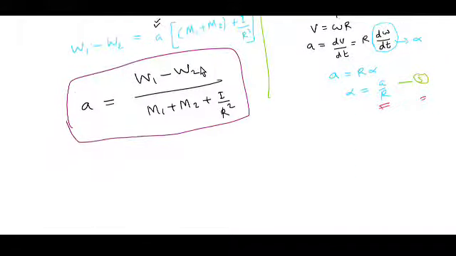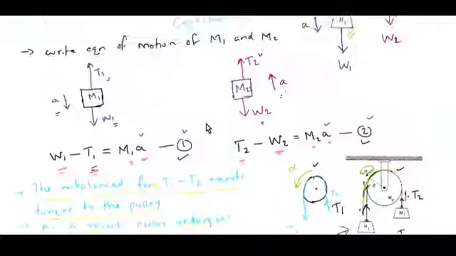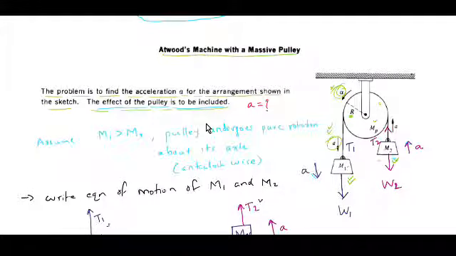However, we can replace this I by the moment of inertia of the disk, because in the question the pulley is of disk type. Therefore, we can replace that I by mr square by 2.